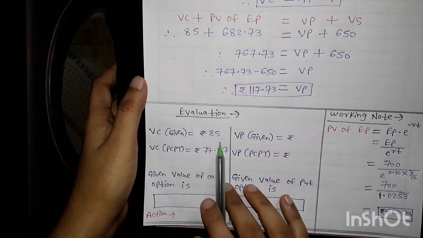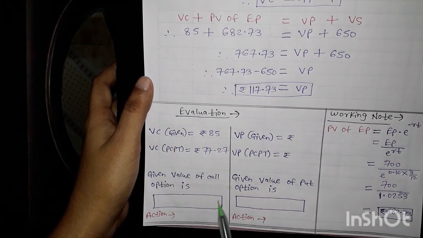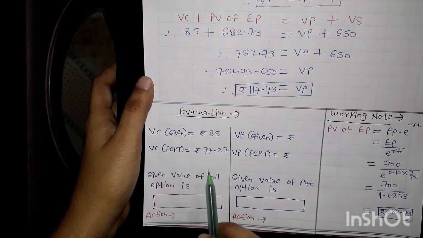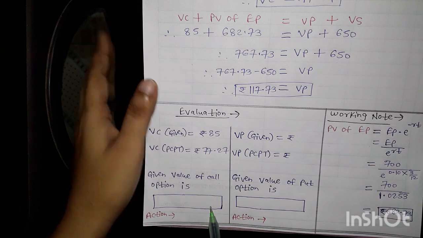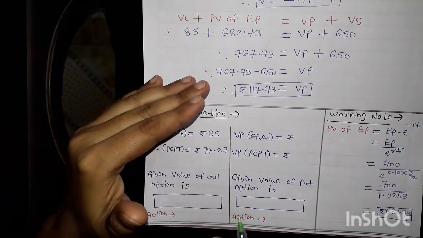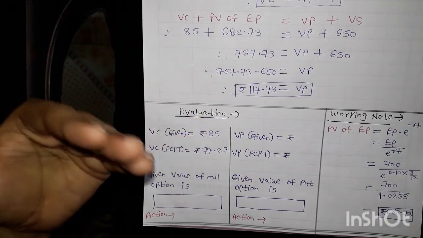See, value of a call option which is given, it is 85, and according to put call parity theorem it should be 77.27. Okay, so given value of a call option, whether it is overpriced or underpriced. Okay, so given value of a call option is overpriced.